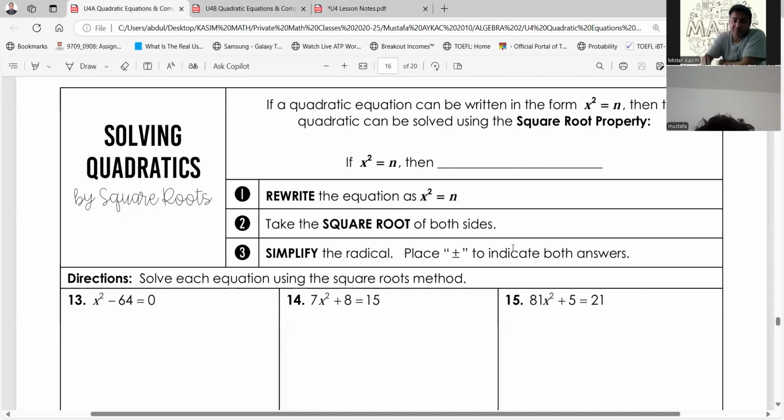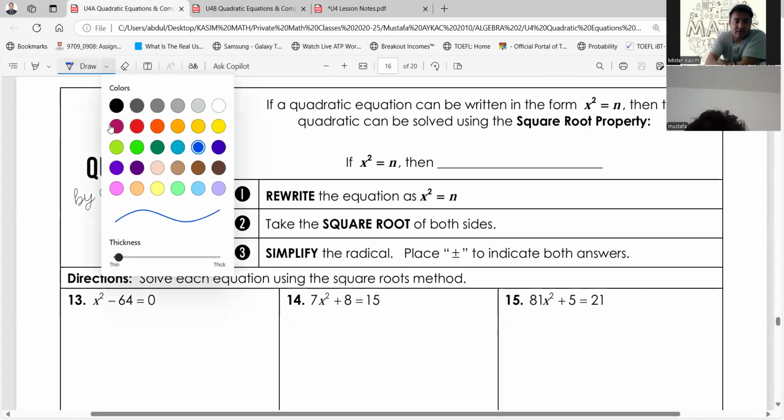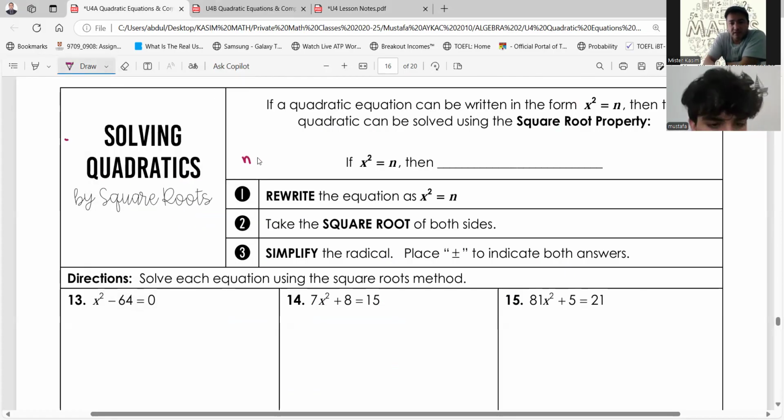So in the real number system, if x squared is equal to n, and suppose that n is non-negative (if it's negative, it has no real solution), then what is x? I can just write x equals plus or minus the square root of n.